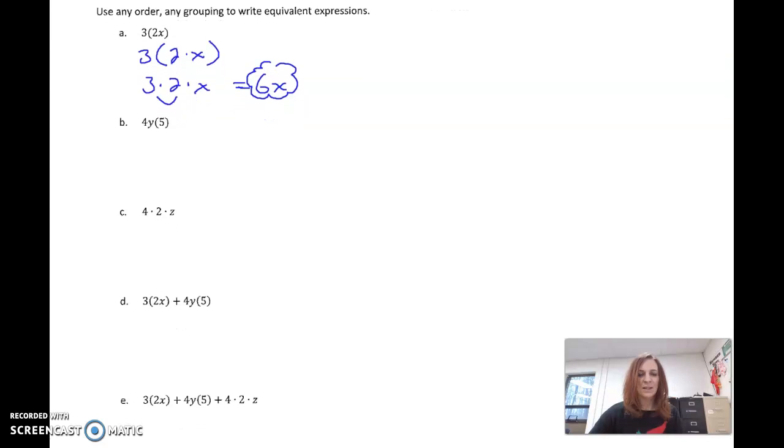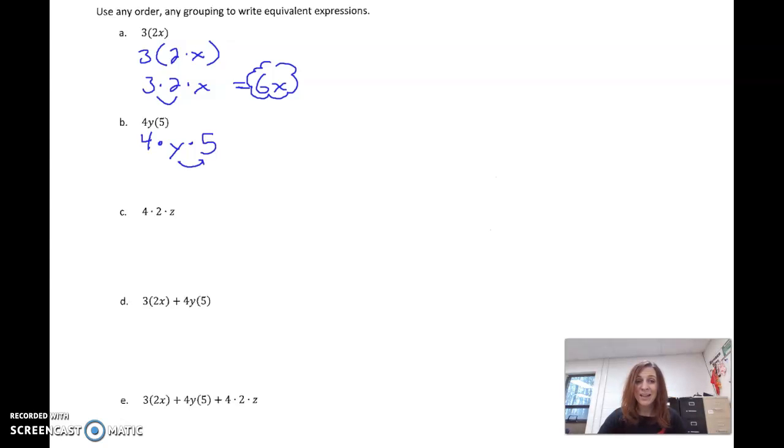So let's look at this next one. We have 4y times 5. Now notice there is no times sign here. Mathematicians are kind of lazy. So this 4y here actually means 4 times y. These parentheses next to the 5 actually mean times 5. Too lazy to even write a dot there, right? So way back, before you learned the commutative property, it means we can multiply in any order.